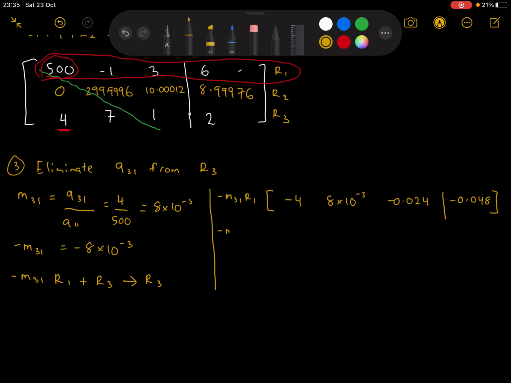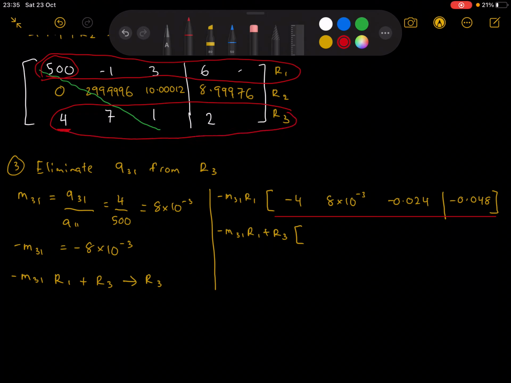So next, negative M31 row 1 plus row 3. So basically we will add all the values here with row number 3, and then we're going to transfer all the values on row number 3. So negative 4 plus 4 is 0, and then 8 exponent negative 3 plus 7 is equal to 7.008, negative 0.024.